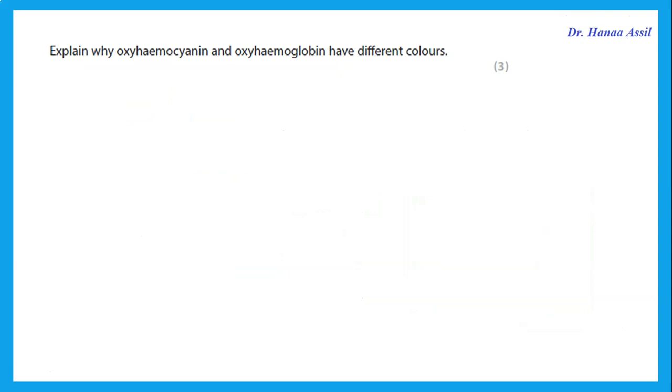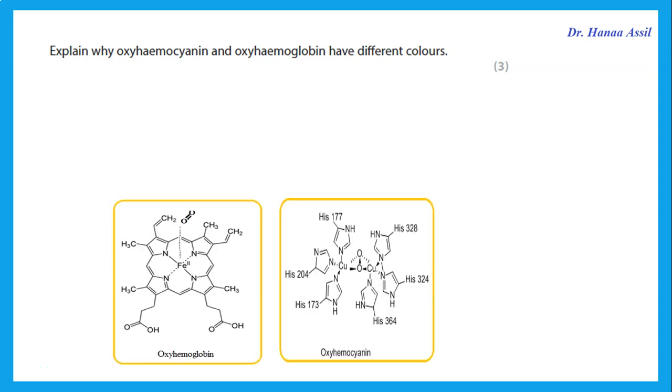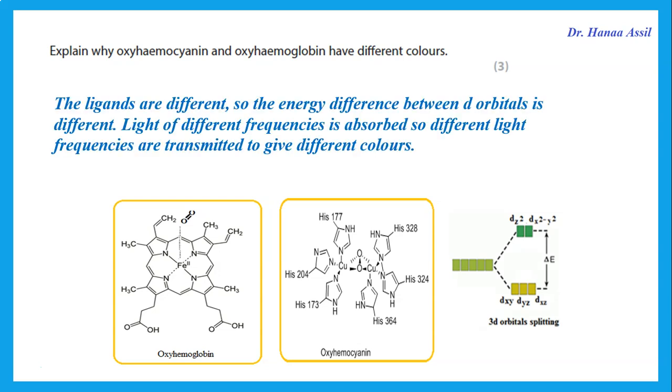Again, explain why oxyhemocyanin and oxyhemoglobin have different colors. If he's asking about any two compounds, we're not required to know what oxyhemocyanin looks like, but it is just a complex. And if we are asked why any two complexes have different colors, that would mean that the ligands are different.